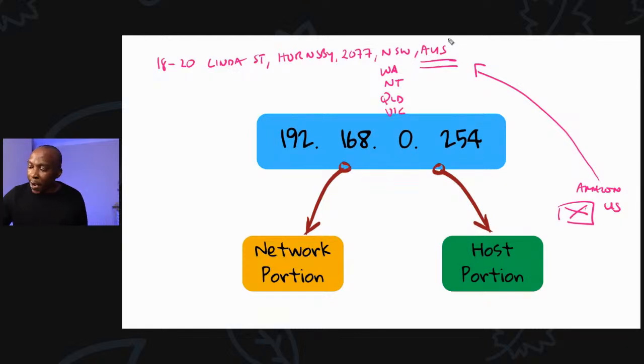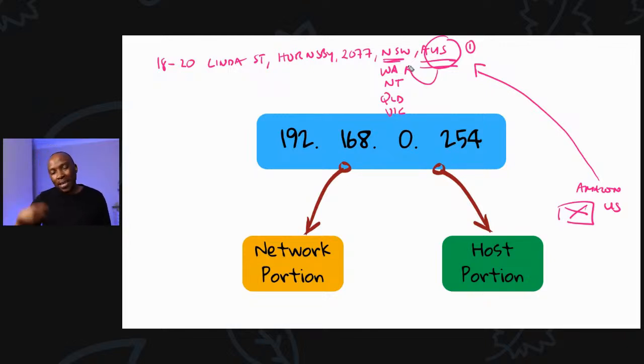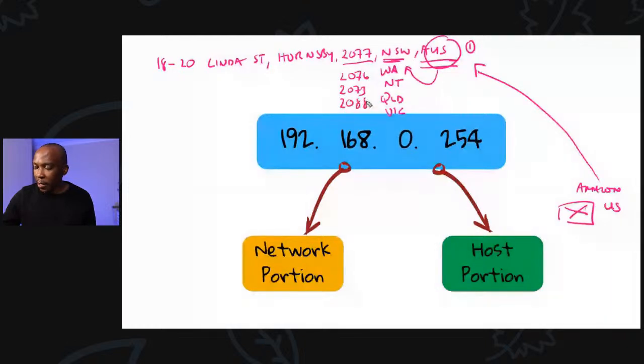So when my package arrives in Australia, that's step number one. Where it goes from there is dependent on the state. So my package will then be sent with the packets that are going towards New South Wales. And then when it gets to New South Wales, when they want to then distribute it, they look at the postcode, right? This is not the only postcode in New South Wales, there are other postcodes. So there'll be postcodes like 2076, 2073, 2088.